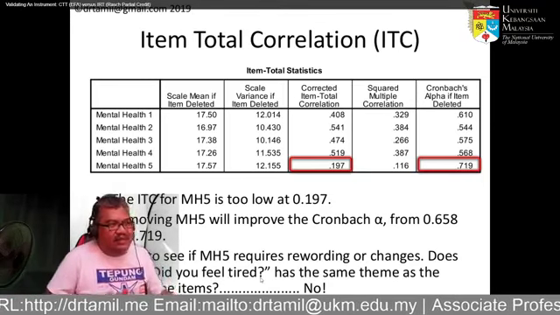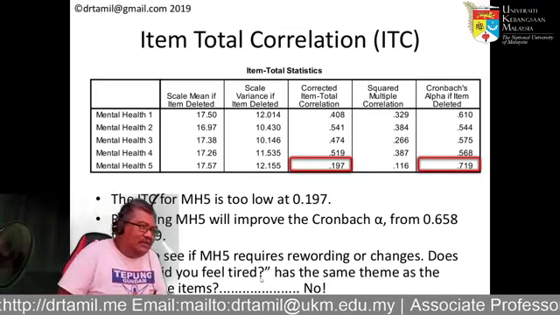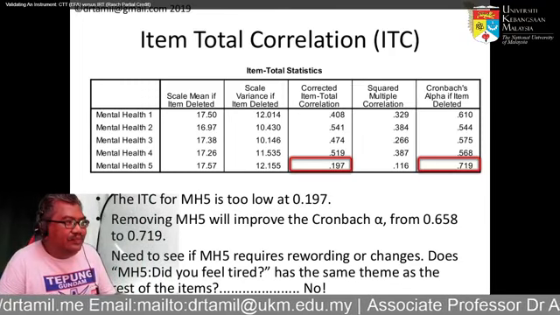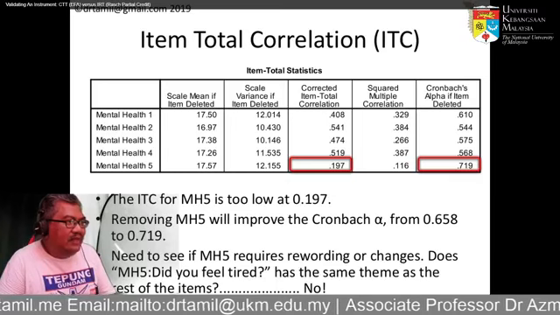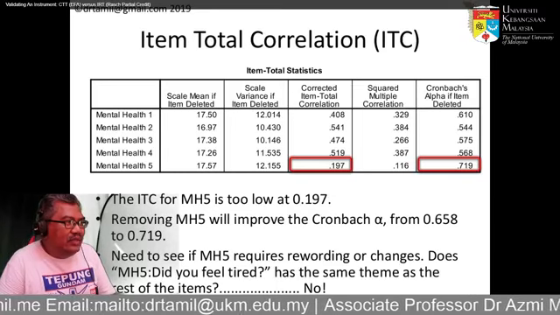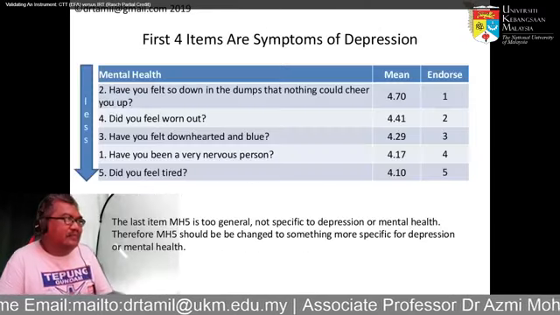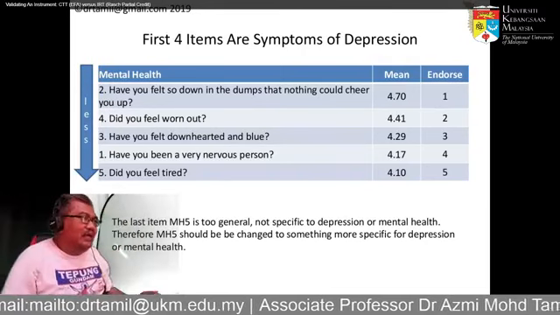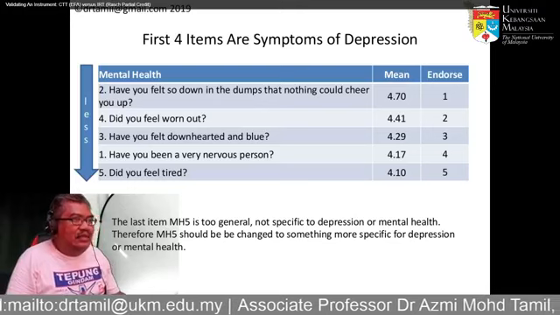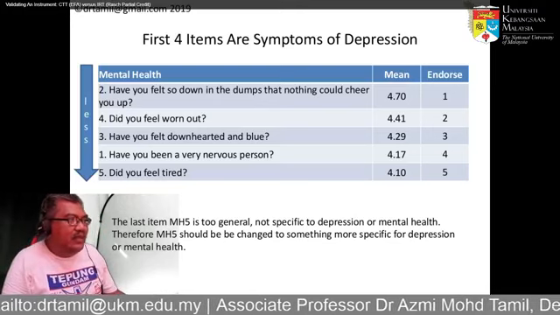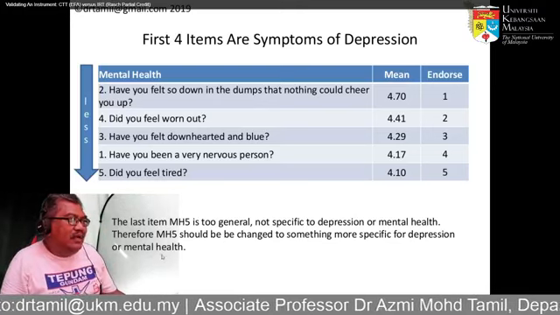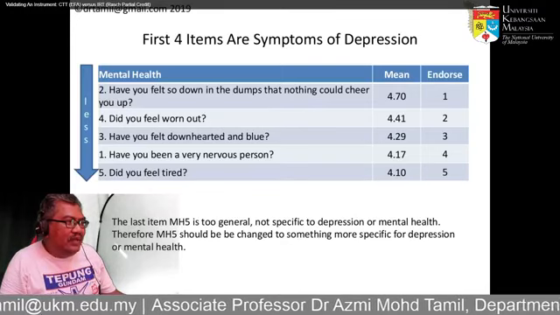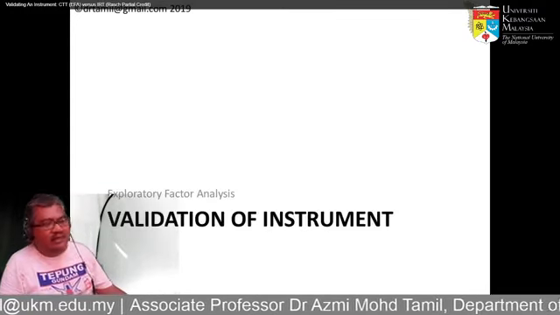Tired could be something physical, it could be something mental. So maybe it is not clearly determined, and therefore the question is not suitable to be there. The last item is too general, not specific to depression or mental health. Therefore, MH5 should be changed to something more specific for depression or mental health. So that is the example.